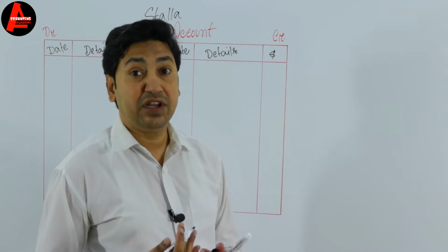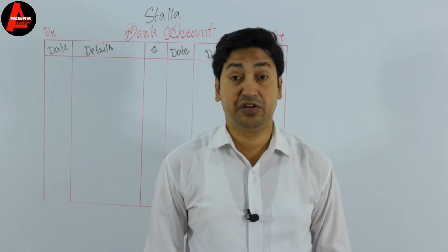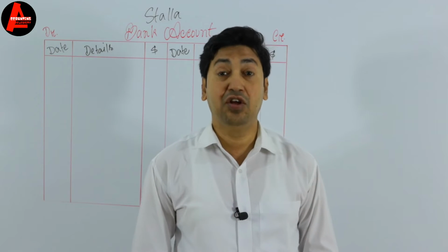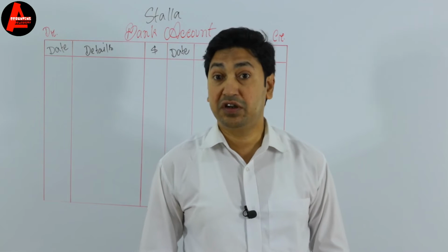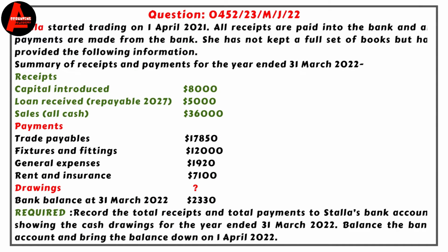First we need to figure out our total receipts, because the question says we need to write total receipts and total payments. Have a look at the question. In total receipts we have capital of $8,000, a loan receipt of $5,000, and cash sales of $36,000.